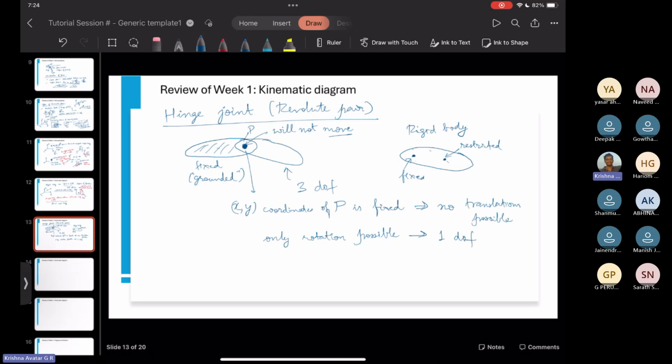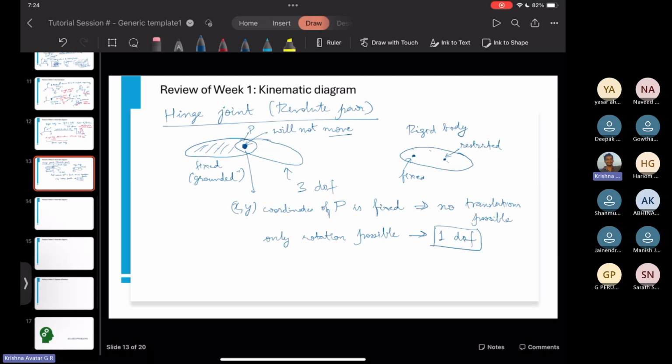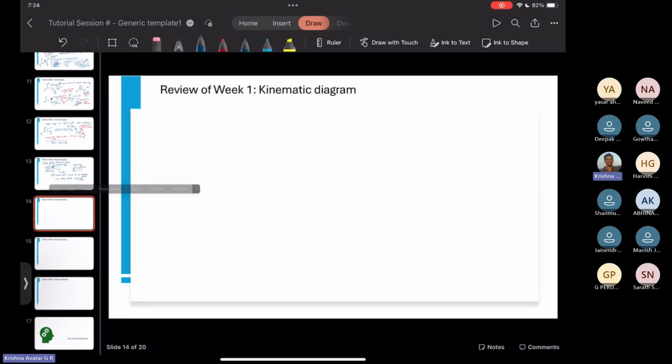So that's the reason we say that a hinge joint has just 1 DOF. Isn't it? I hope it's clear now. That's what was in the case of hinge joint.